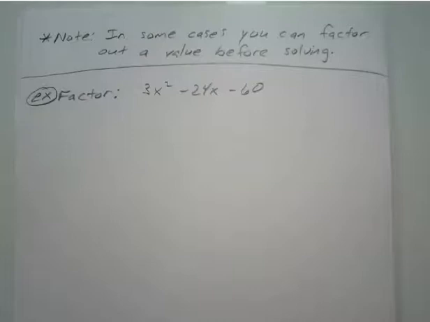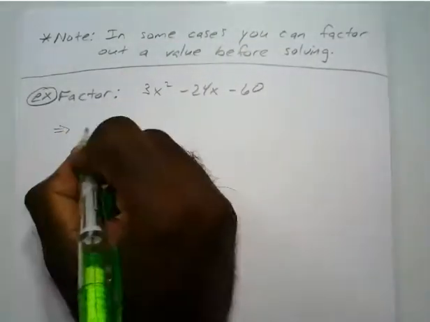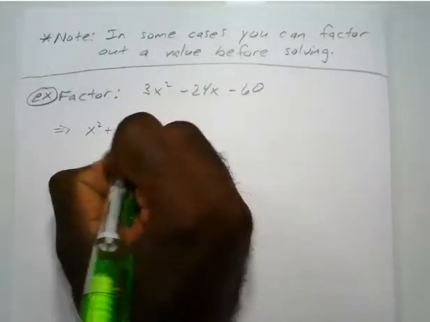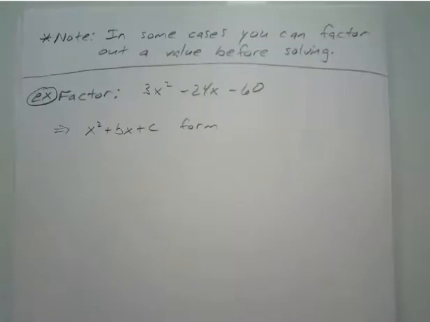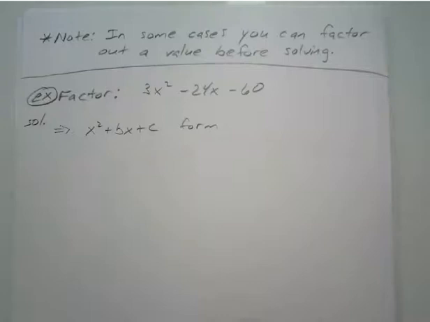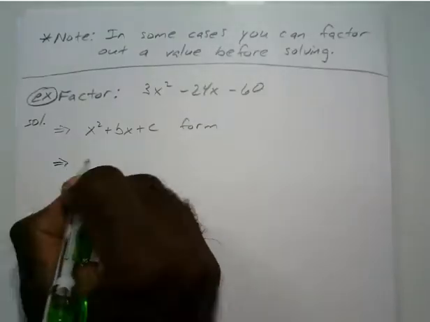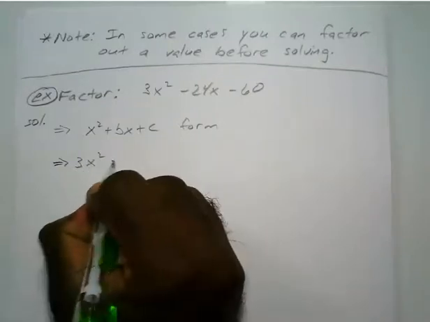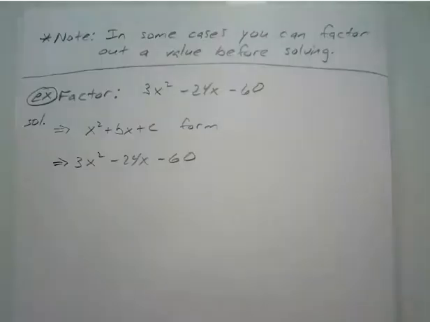Alright, so the thing about this one is, it actually can be converted to x squared plus bx plus c form. And write our little solution there. Alright, so if I rewrite our original expression, since there's no equal sign, it's not an equation just yet.